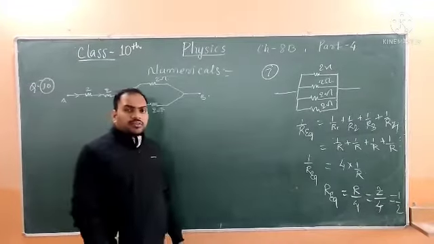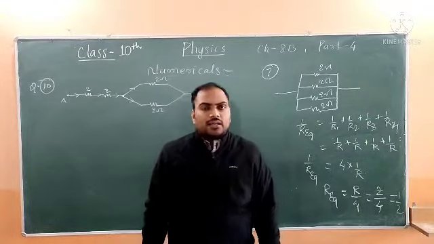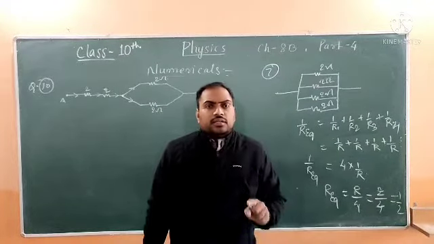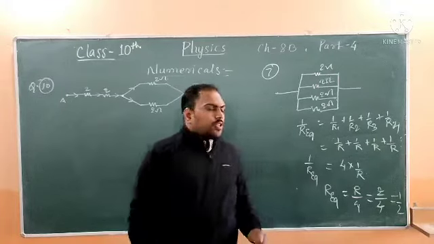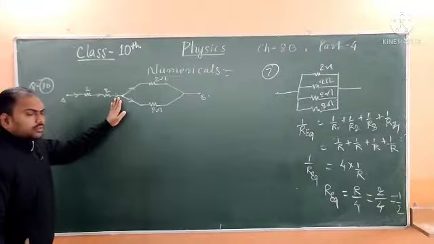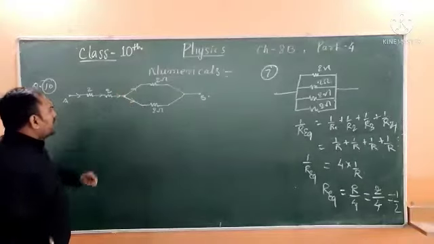Division of current takes place only in a parallel combination, and in a series combination, the current is always the same. So till here the current is the same and it is divided into 2 parts.